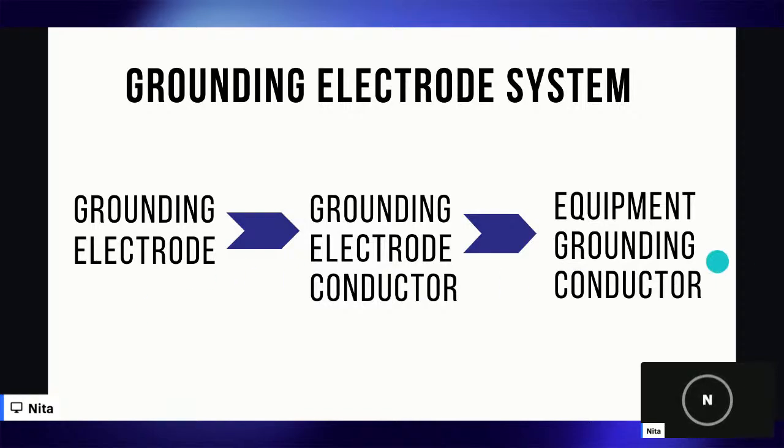We start with the grounding electrode. This is a conductive, again, a good conductor, a conductive object that we place in direct contact with the earth. If you've ever heard somebody say ground rod, they are referring to a grounding electrode. It creates the physical connection to the earth.